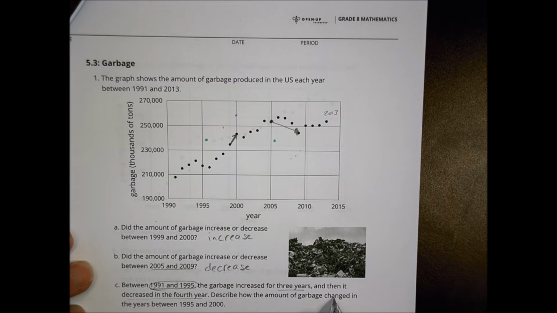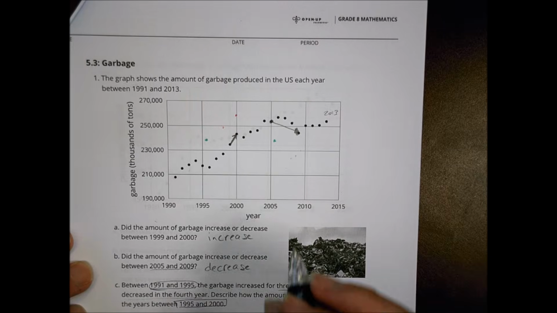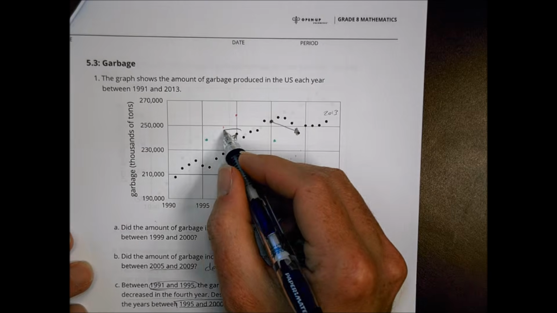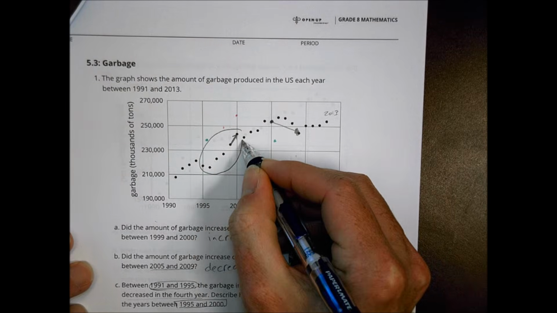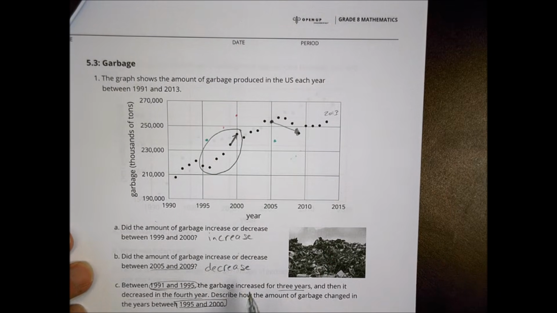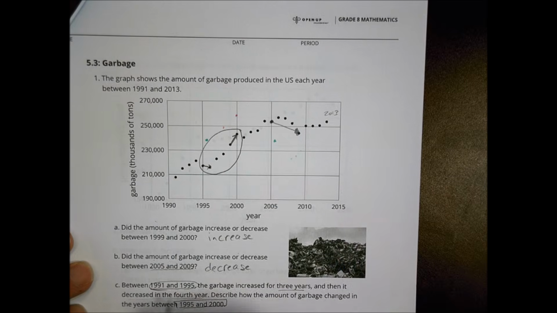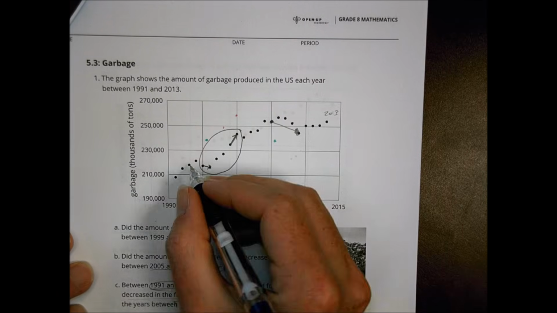Describe how the amount of garbage changed in the years between 1995 and 2000. All right, so looking here at this point, we're talking about this range of data from 95 to 2000. We can see that there was initially a decrease the first year, right? That's our first thing.